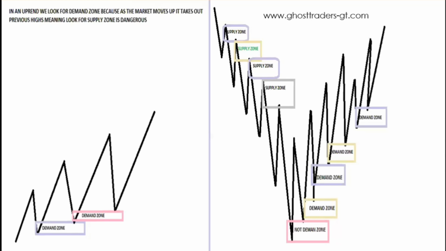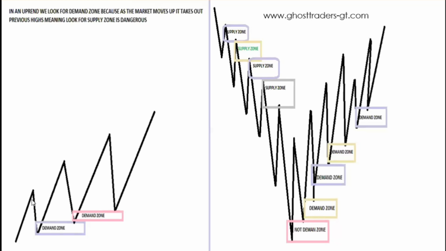And the reason is simple. Why do we classify it as our demand zone? It's because it took out this high here. So if the market took out this high, it simply validates that we are still going up. But let's say the market failed to take this high. That simply means this zone here cannot be trusted.